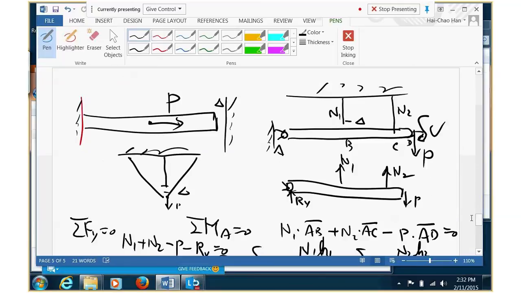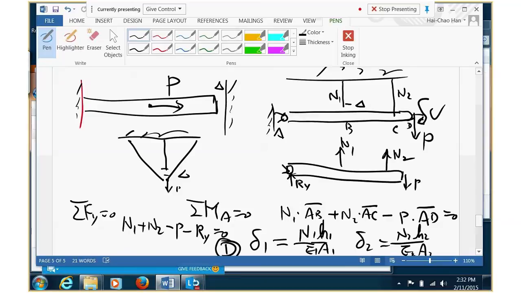Look at the picture. Look at the setting of the problem. The compatibility is the equation about what? About the delta, the elongations, the deformations, right? So in this case, you have delta 1, delta 2, two deformations. So what's the relation between delta 1 and delta 2? That's basically the compatibility.